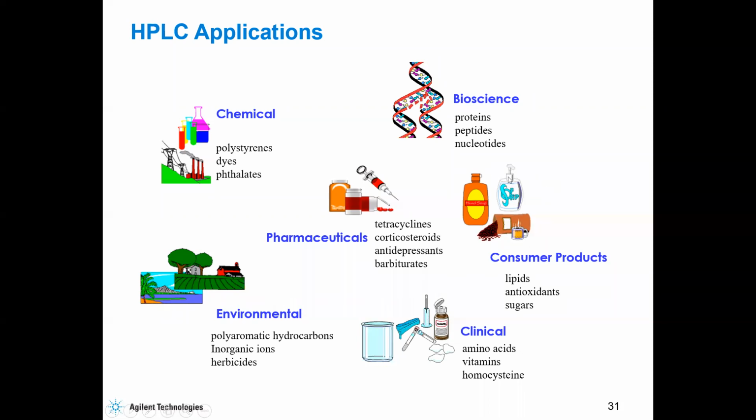We also use it for analysis of consumer products like pharmaceuticals and personal care products, for lipids, antioxidants, drugs, and sugars. So use it for pharmaceuticals, for controlled drugs, and maybe illicit drugs. We use it in biosciences for analysis of nucleotides, peptides, proteins, and DNA. You can use it for proteomics and genomics. So it has a wide application like your GC analysis.